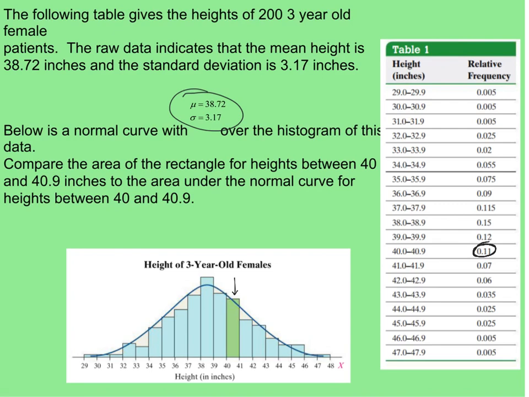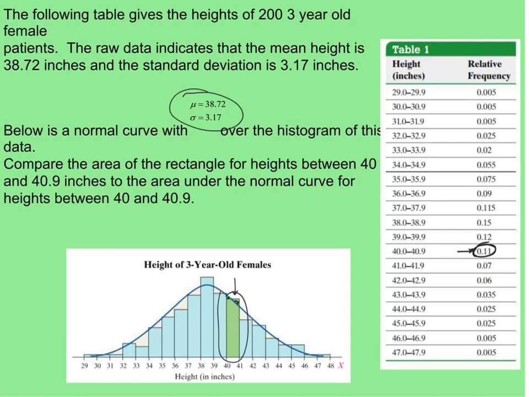Are they perfect? The answer is no, but are they pretty close to each other? I have this little sliver out there that is bigger, and then this little missing sliver under there that cancels out some of that, but they're pretty close. So the area of that rectangle is probably pretty close to 0.11.